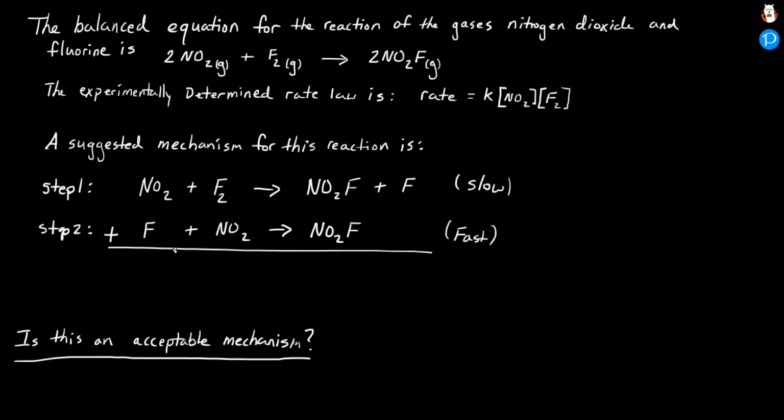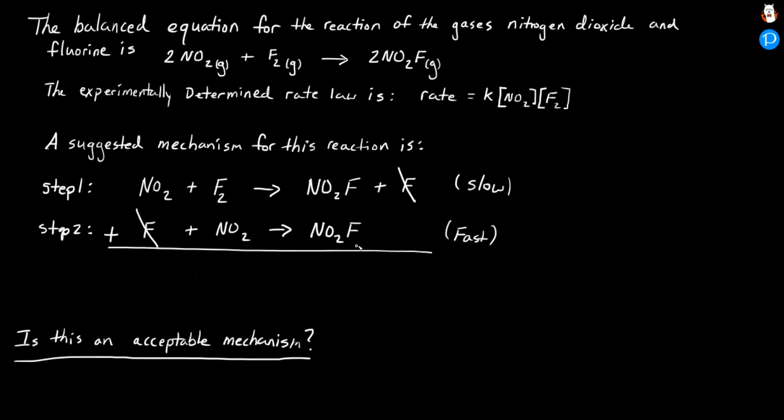Now, what we're essentially doing when we add these together is first we're going to take a look, do we have whatever is on the left-hand side that is the same on the right-hand side, and we're going to cancel them out. So I see that I have F on this side, and I have F over here. And so F is going to cancel out since it's the same on the left as it is on the right.